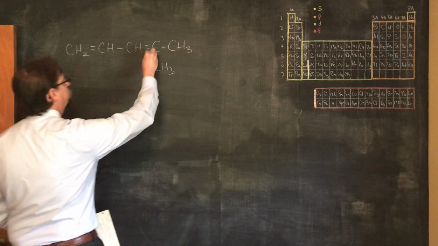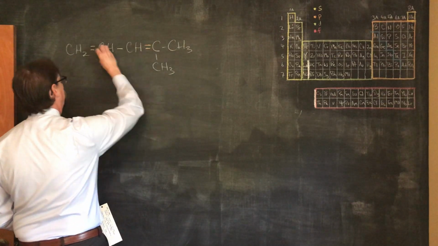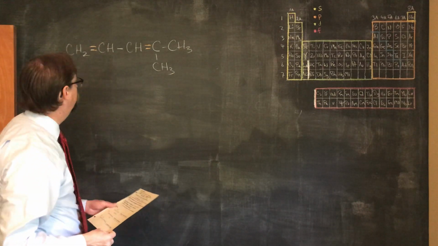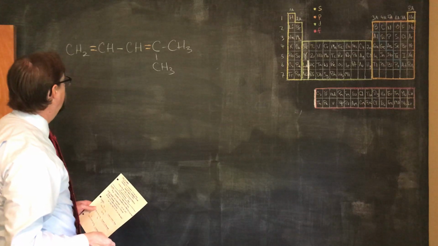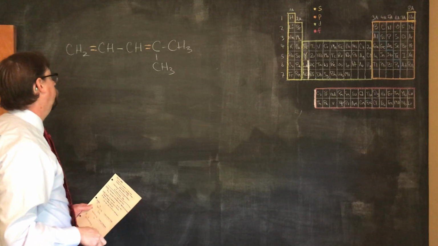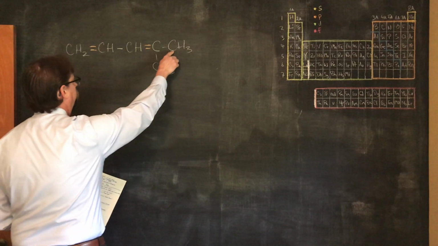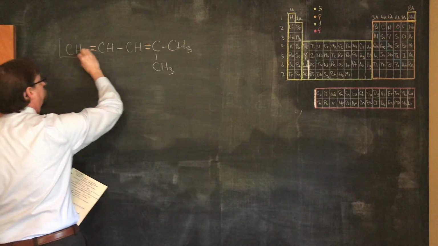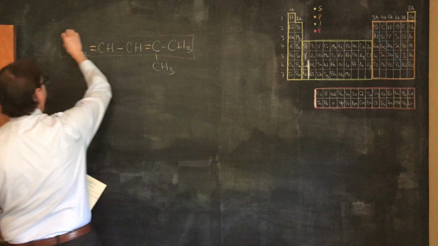Here are our double bonds. Let's emphasize those. We've got 2 of them, and we'll talk about what to do when we have 2 double bonds. The first thing, the main chain. I think it's pretty straightforward. It's going to have to include the double bonds. It's going to be this right here, so let's box that in.